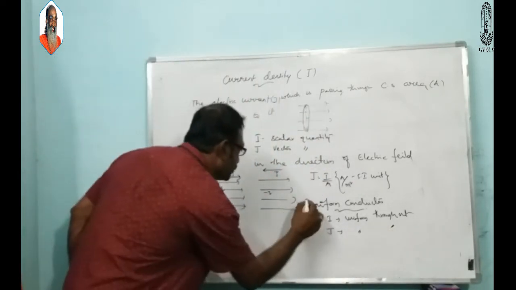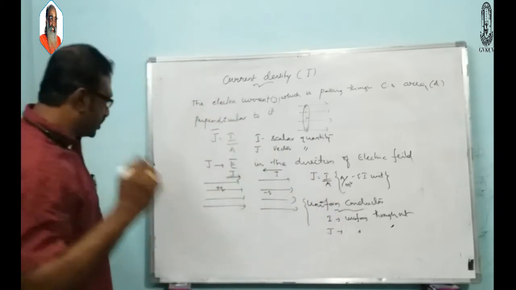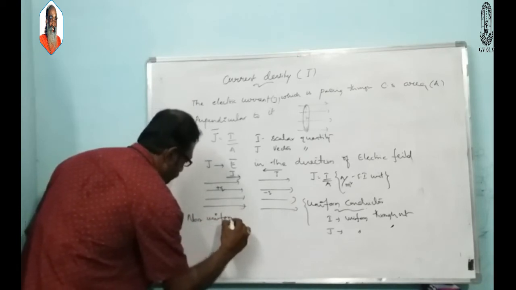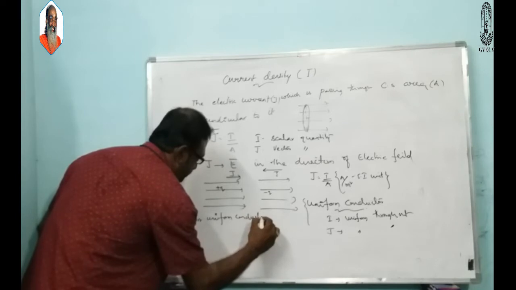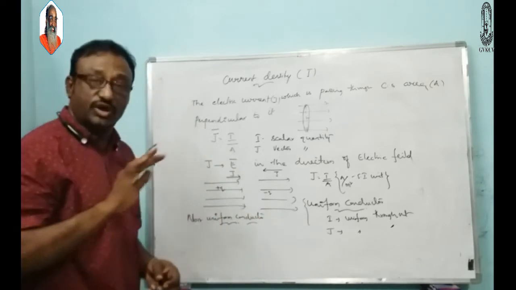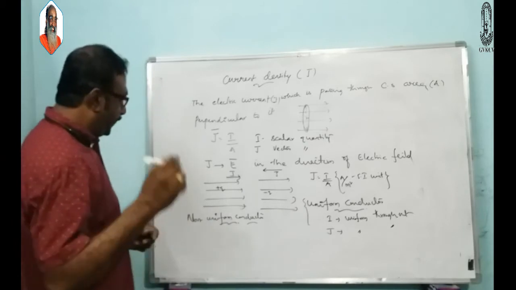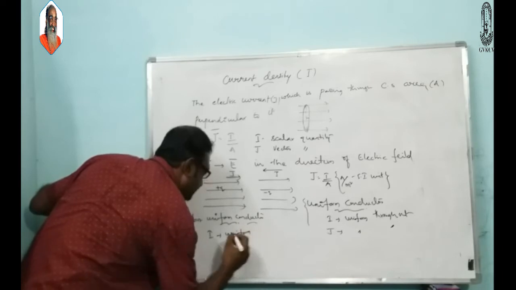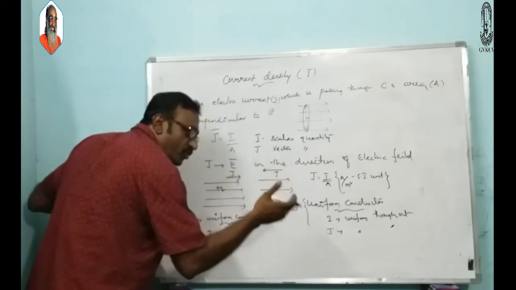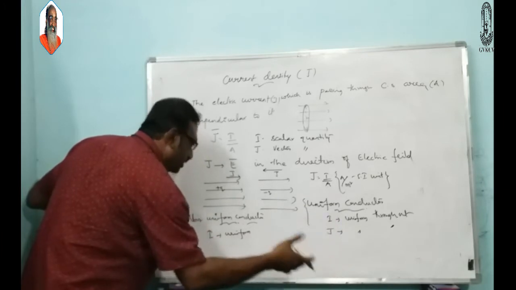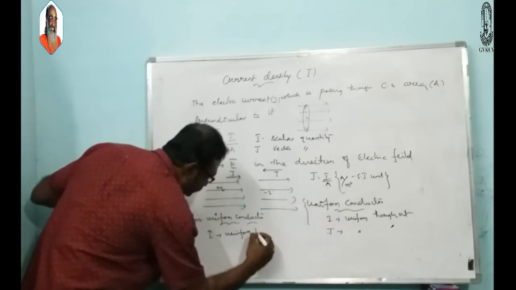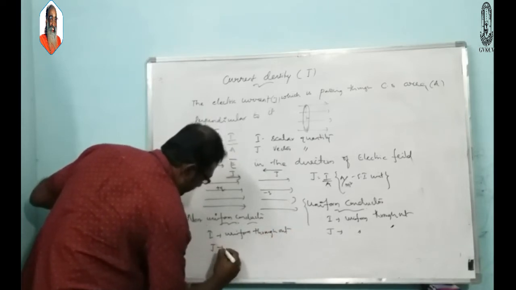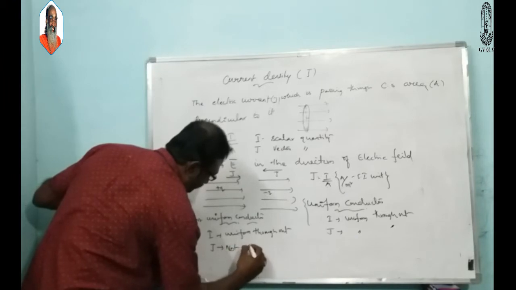Now if we talk about a non-uniform conductor, that means its cross-sectional area is not uniform throughout, then I is still uniform throughout, because at each and every cross section of the conductor the flow of charges will be uniform. But J is not uniform.